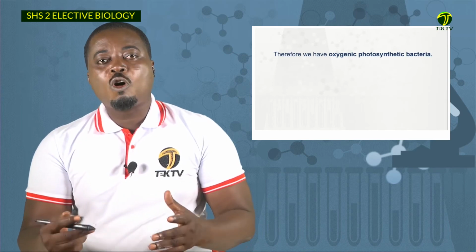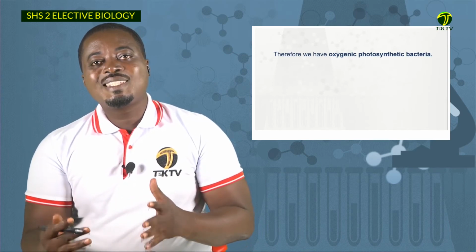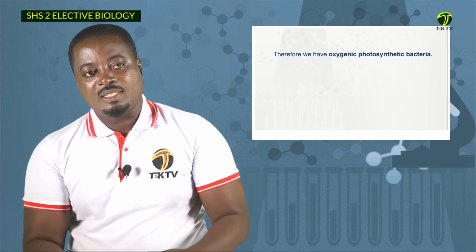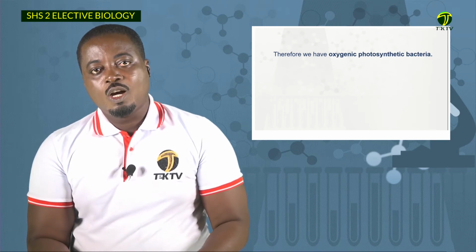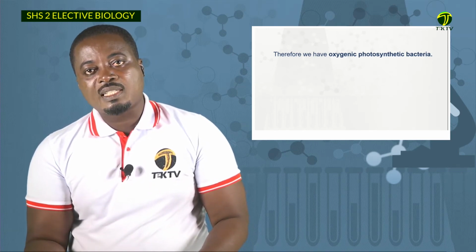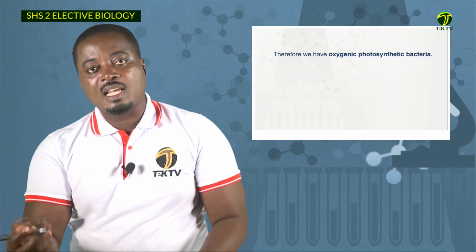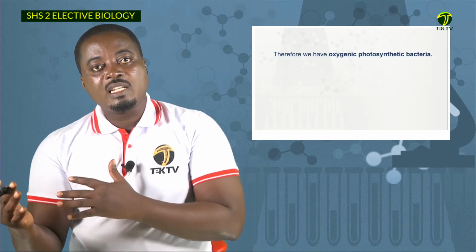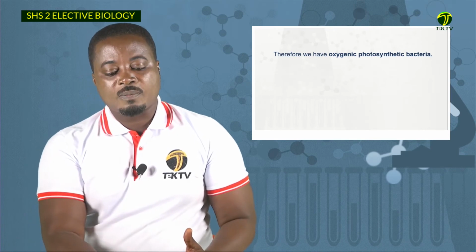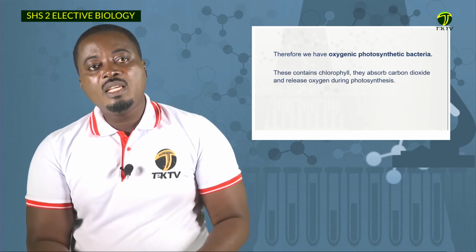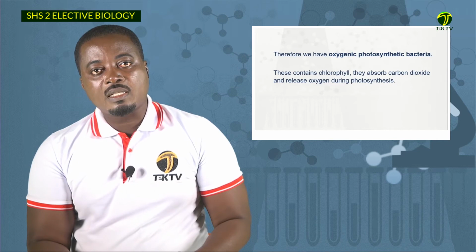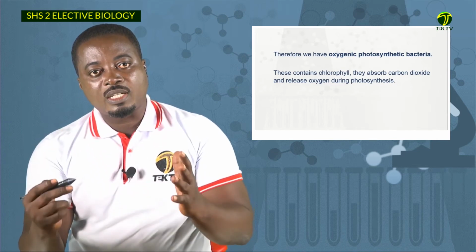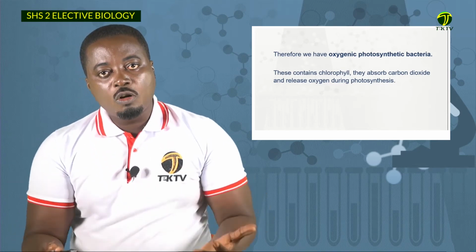Now, therefore we have oxygenic photosynthetic bacteria. These are the cyanobacteria that produce oxygen at the end of their process. These contain chlorophyll.